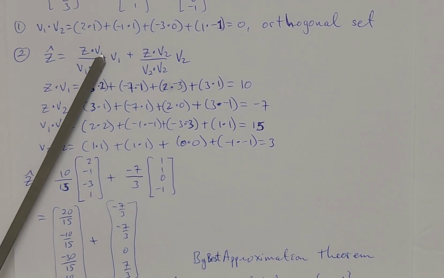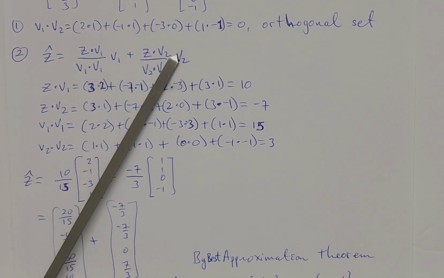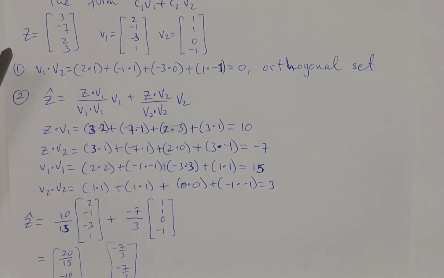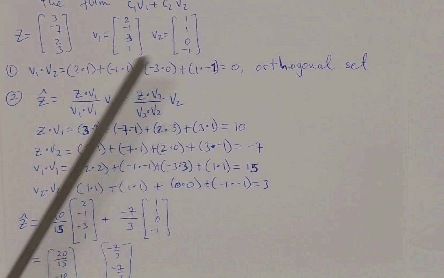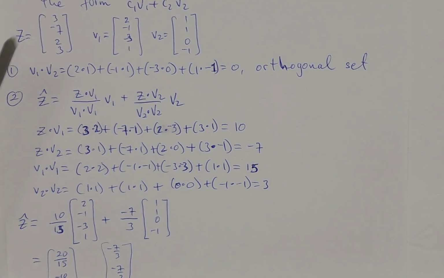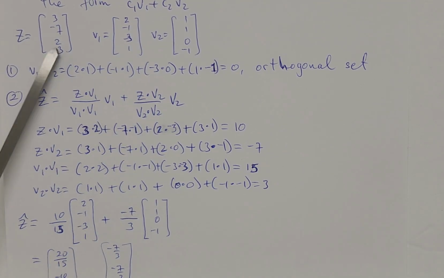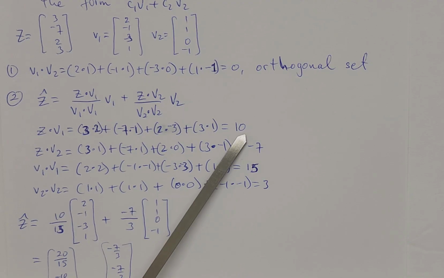So z times v1 over v1 times v1, z times v2 over v2 times v2. So here is z, here is v1, here's v2. So zv1: 3 times 2, negative 7 times negative 1, 2 times negative 3, 3 times 1 gives me 10.